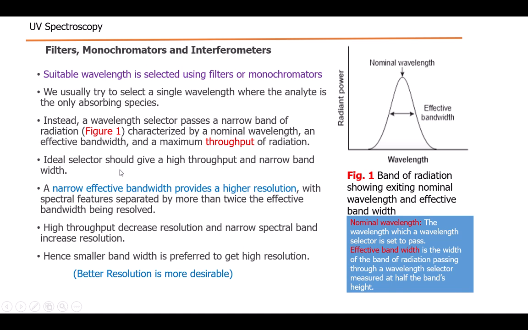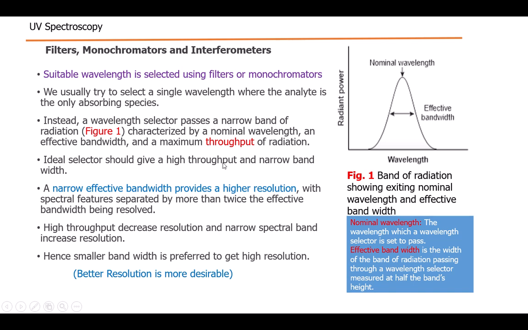An ideal selector should have a high throughput, meaning it should give the maximum amount of radiation taken from the source, and the maximum intensity of the radiation should fall on the sample. A narrow effective bandwidth provides a high resolution. Two factors are there. Whenever the bandwidth is narrow, the resolution will be greater.